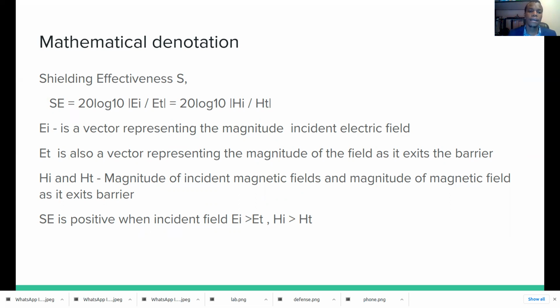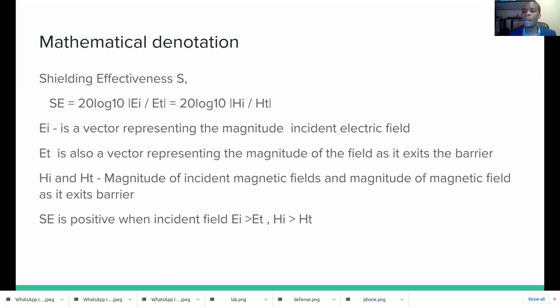It's a vector, meaning it has direction and magnitude. So the ideal way to represent it is to put EI with an indication of the direction, or where it is in the X, Y, Z coordinates. We are going to see that. HI, as we have said, is the magnitude of the incident magnetic field, while HT is the magnitude of the magnetic field as it exits through that barrier.